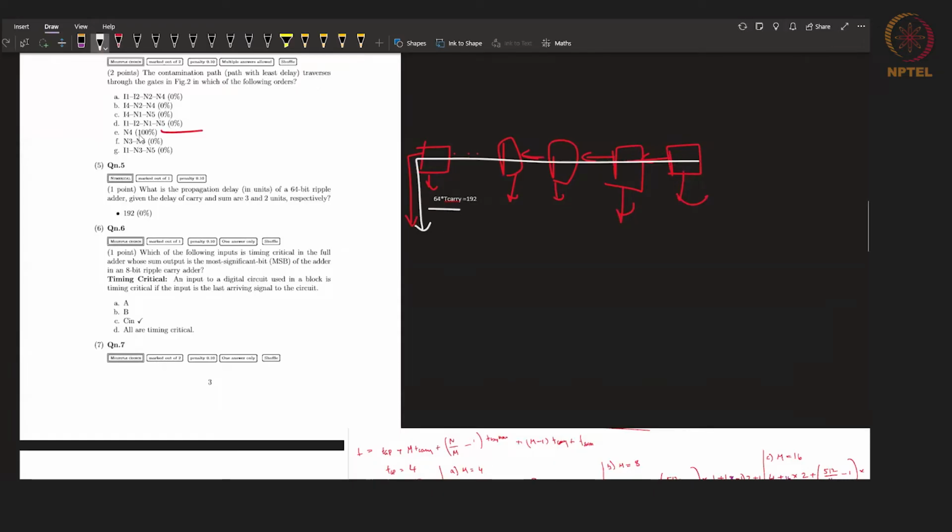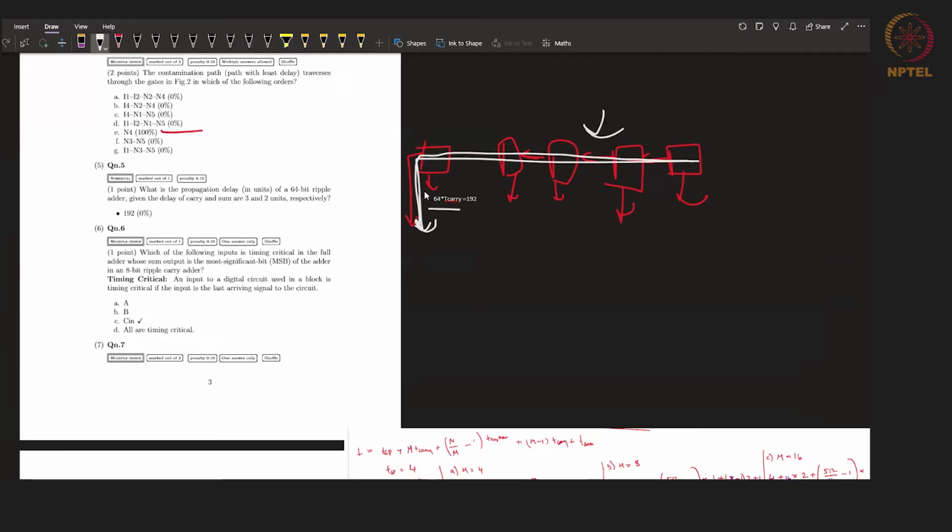Question number 6. Which of the following inputs is timing critical in the full adder whose sum output is the most significant bit of the adder in an 8-bit ripple carry adder? So when we say which is the critical input, a ripple adder is propagating through the carry path as shown in this diagram here.